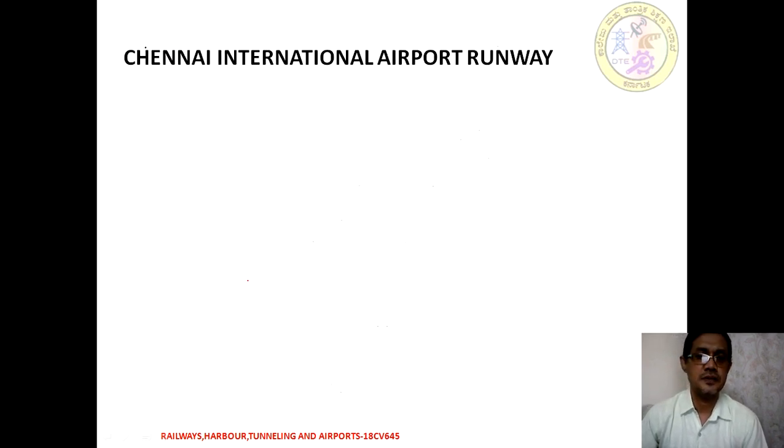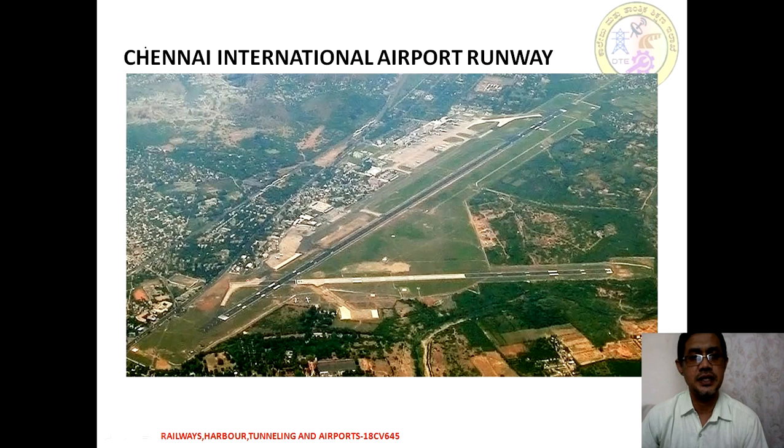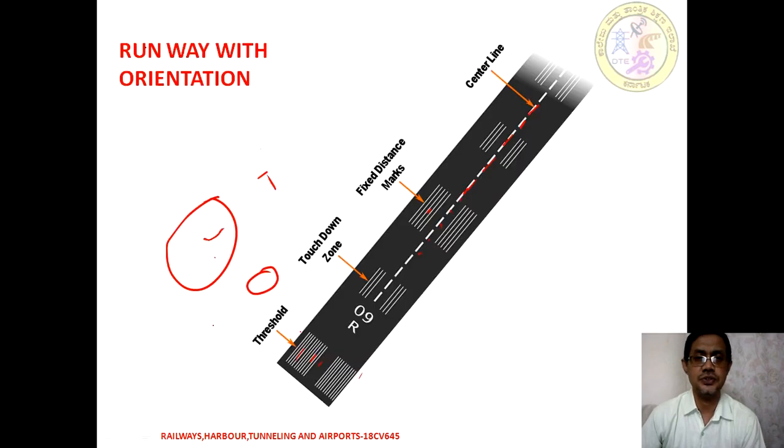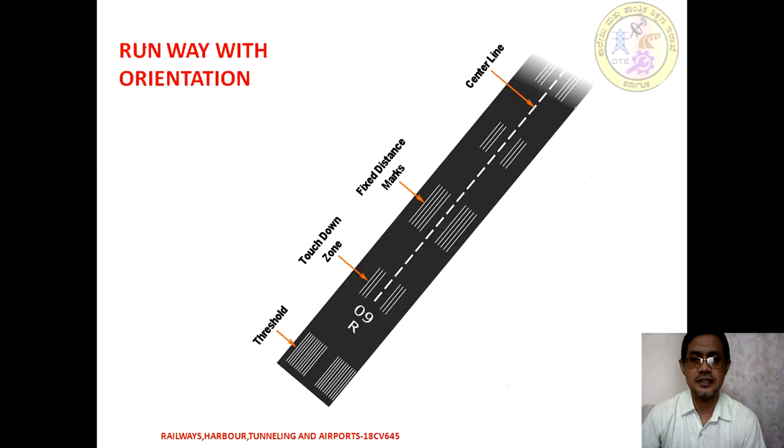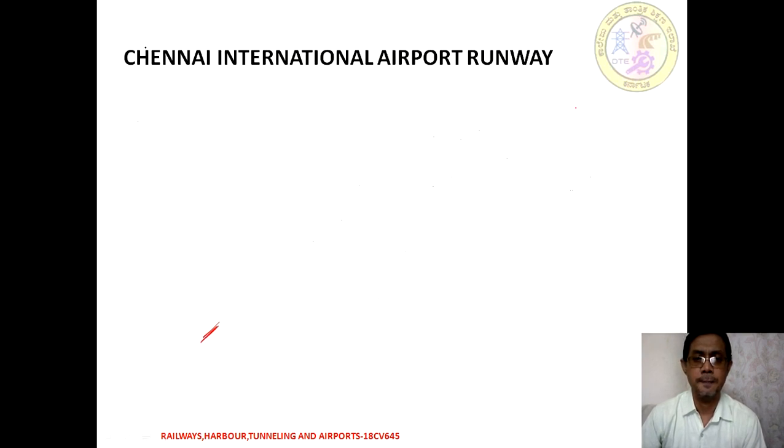So with respect to north, that is the runway and its purpose. Here we can see the image of Chennai International Airport. We can see these solid lines. As we have shown in the layout planning, that is the number 10, and that is going to be a stopway. The same thing we can see in this image also.